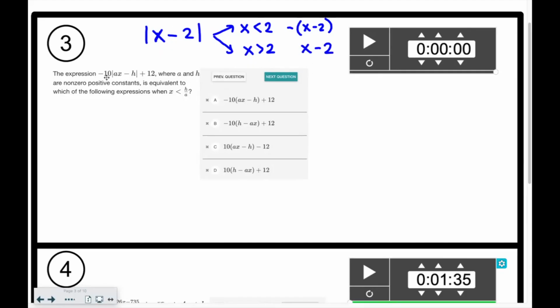So when they want you to write an absolute value expression as an equivalent expression for some inequality, basically they're having you do that. Notice none of the answers have absolute values in them. So we're in one of these scenarios where we're either replacing the absolute value with the negative of what it is, or we're leaving it the same.